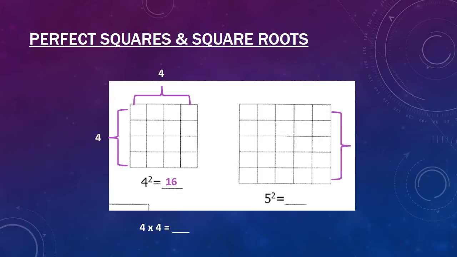For the next one, we have a square that is 5 units tall and 5 units wide, which means we are taking 5 times 5 to find the total number of units inside the square, and that would be 25. With all of these examples, you're finding the area, but you're also finding the perfect square for those numbers.